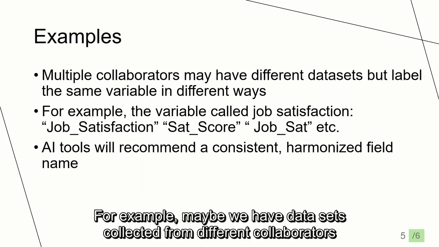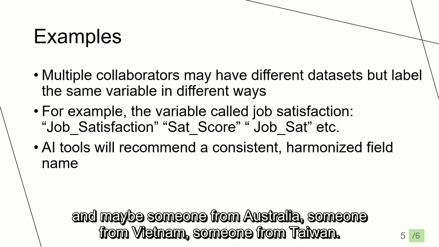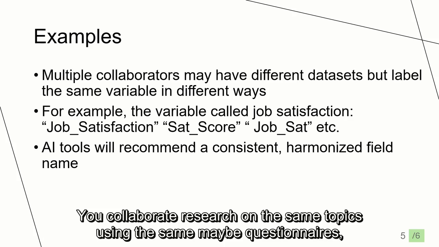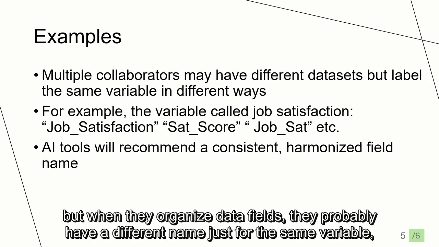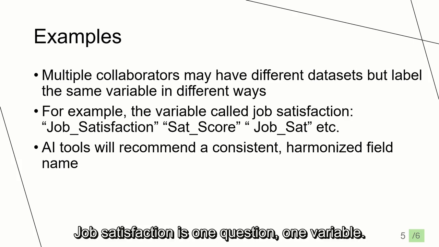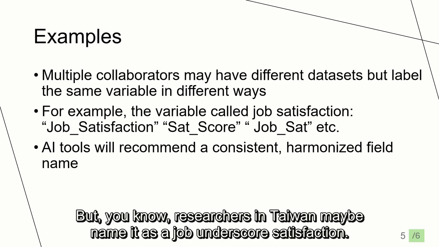For example, maybe we have data sets collected from different collaborators, someone from Australia, someone from Vietnam, someone from Taiwan. You collaborate on research on the same topic using maybe the same questionnaires. But when they organize data fields, they probably use different names for the same variable, say job satisfaction. Job satisfaction is one question, one variable, but the researcher in Taiwan may name it job underscore satisfaction.